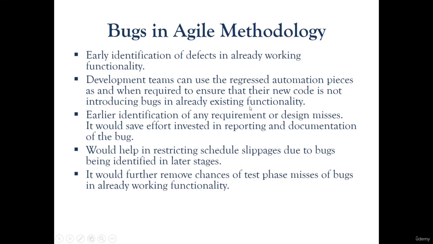So you are all the time, in an iterative process, checking each and everything in detail, and early identification of any requirement or design misses would save your time in investing in reporting and documentation of the bug. That would help in restricting scheduling slippage due to bugs being identified at a later stage. It would further remove the chances of test phases missing bugs in already working functionality.